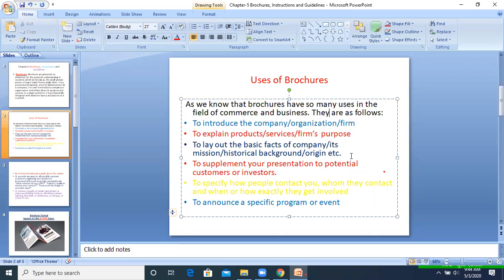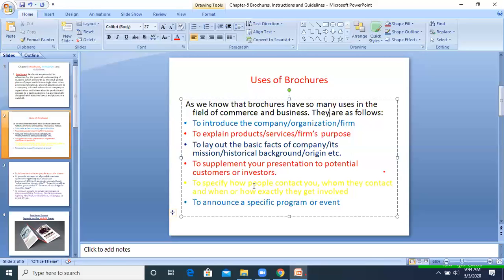So to know about the origin, its beginning, its historical background, historical information, and its mission and vision, we can understand this information through the use of the brochure. That's why brochure is very much useful, very much handy in human life or in the field of business and commerce. Go to the next one.